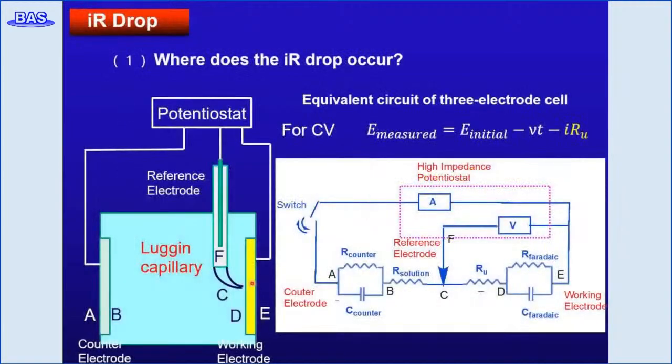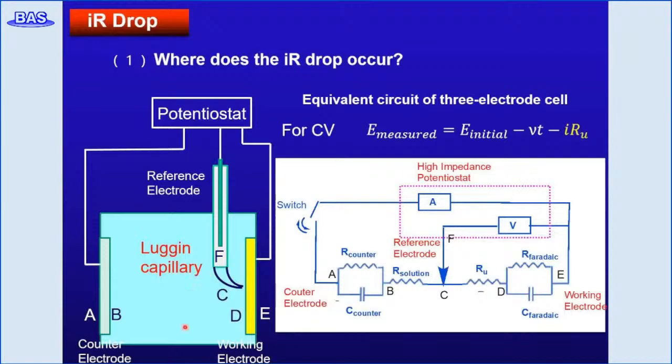Let's consider the origin of the iR drop. On the left-hand side is the 3-electrode cell, consisting of working electrode, counter electrode, and reference electrode. Each interface contains a resistance and capacitor component in parallel.